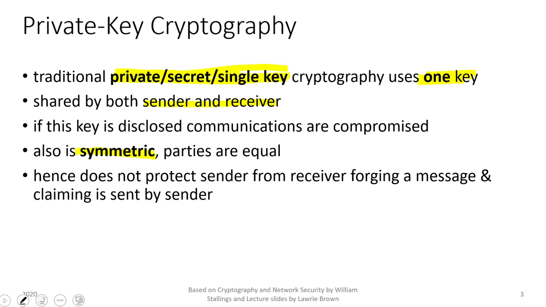We will come back to this a bit later when we discuss public key cryptography and how it can solve these problems. So, these are the main challenges that we already discussed in the previous lesson.